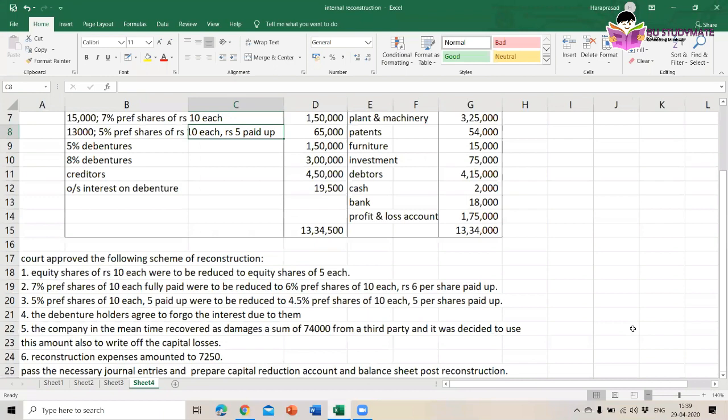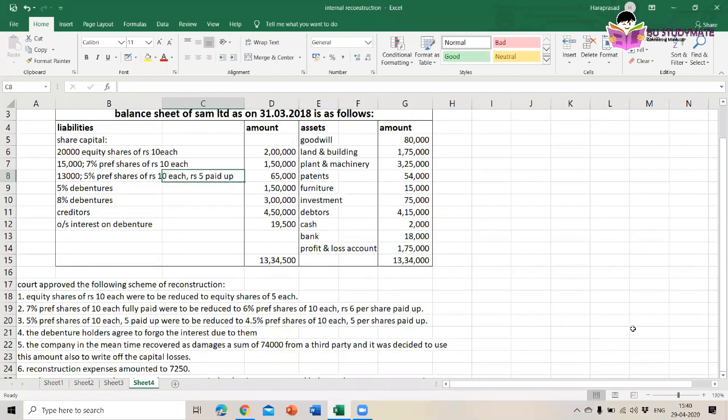Yeah, write down this question. Balance sheet of SAM Limited as on 31st March 2013 is as follows.